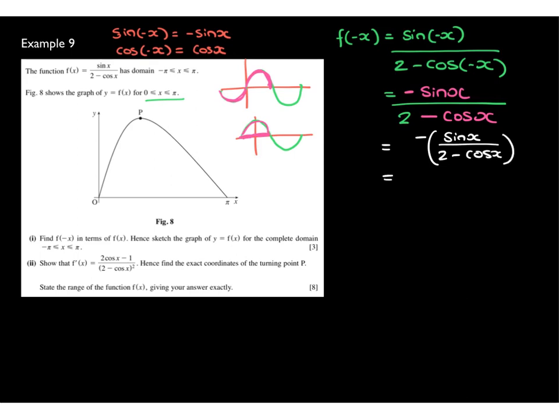So f of negative x is negative f of x, which of course means a reflection in the x-axis.